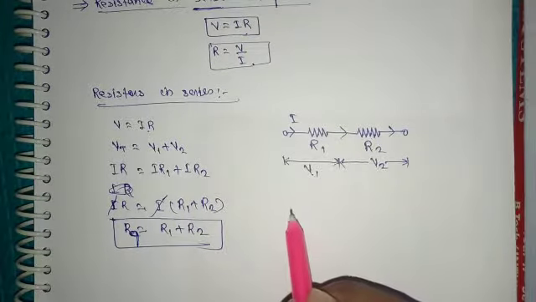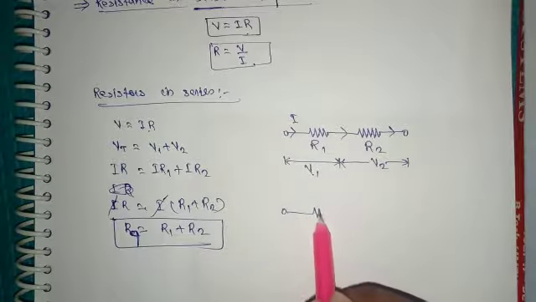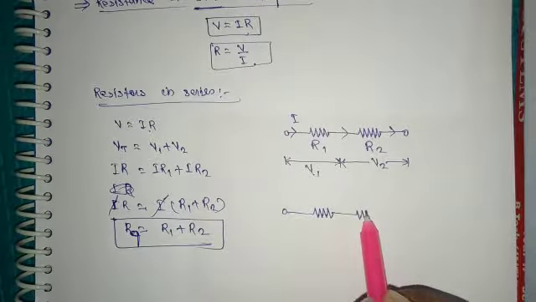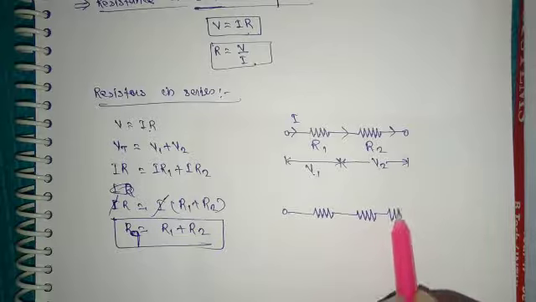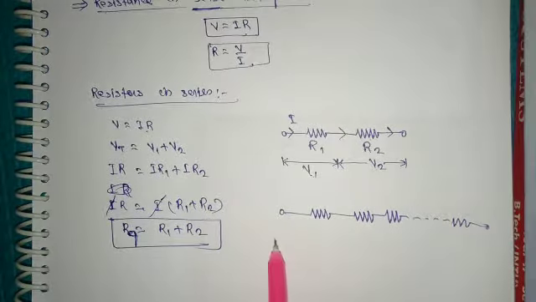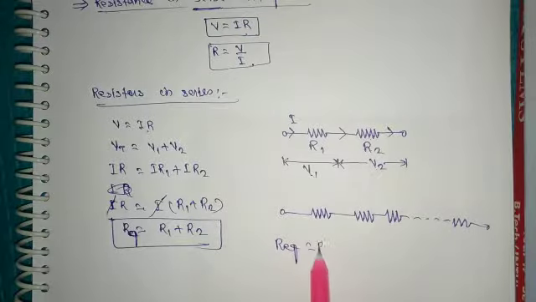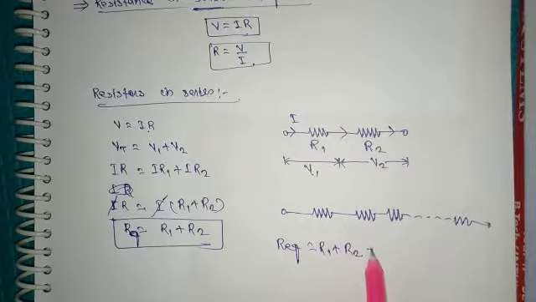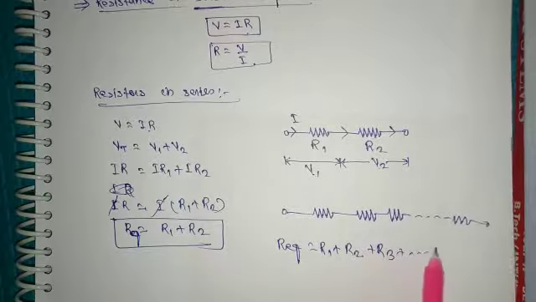Similarly, when a number of resistances are connected in series, the equivalent resistance is R equivalent is equal to R1 plus R2 plus R3 up to Rn.